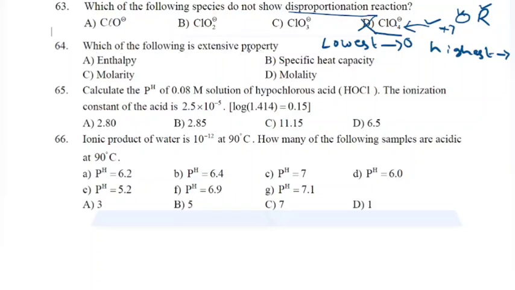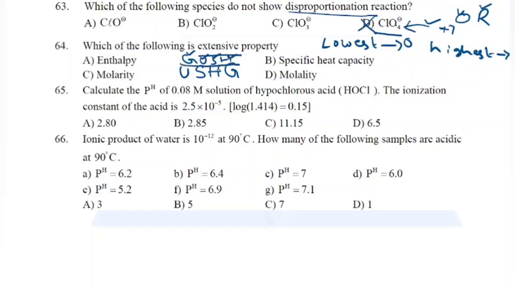Which of the following is an extensive property? For extensive properties, there is one mnemonic: USHG, or you can remember it as GUSH. Gives free energy, internal energy, entropy, and enthalpy.